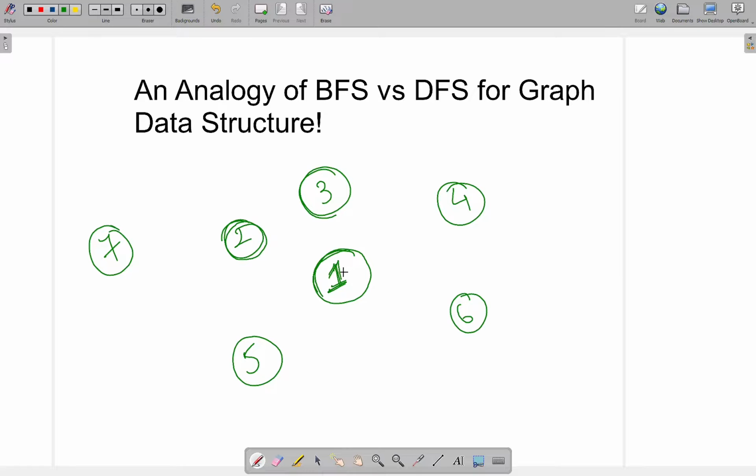So it is not directly connected, but it is indirectly connected to city 1. And our troops, our BFS and DFS soldiers, are all present in city 1. Now, to decide which city to conquer next, these two soldiers have two different approaches, and we'll discuss each of them one by one.